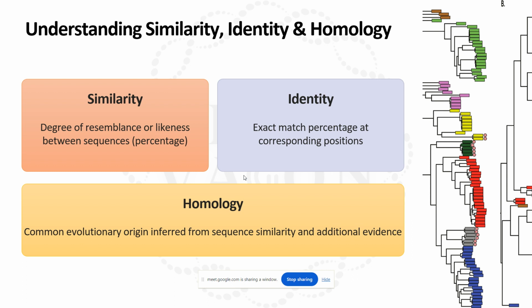Similarity is likeliness between the two proteins. For example, if you are giving one protein sequence and you are getting the similarity of 80 percentage, it means these two proteins are somewhat similar. That doesn't mean these two proteins have the same amino acid alignment.